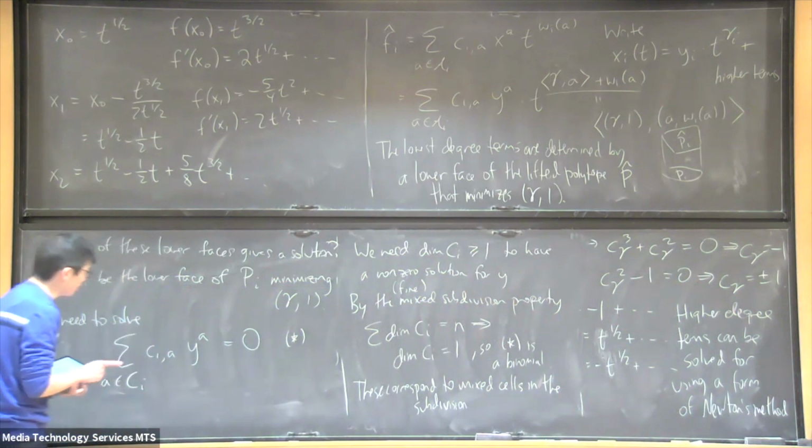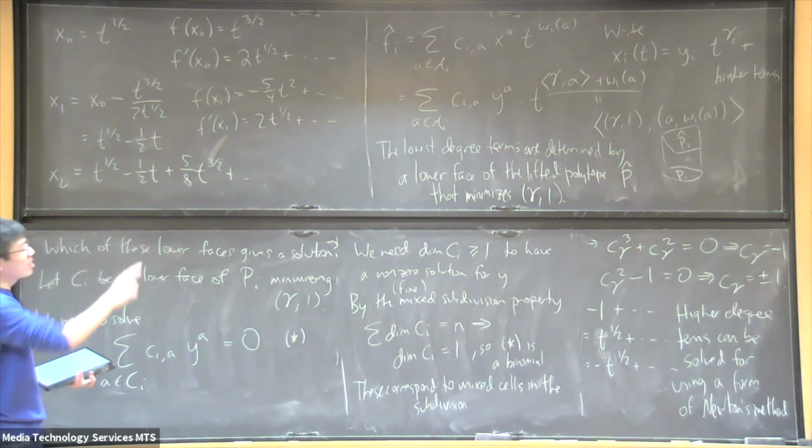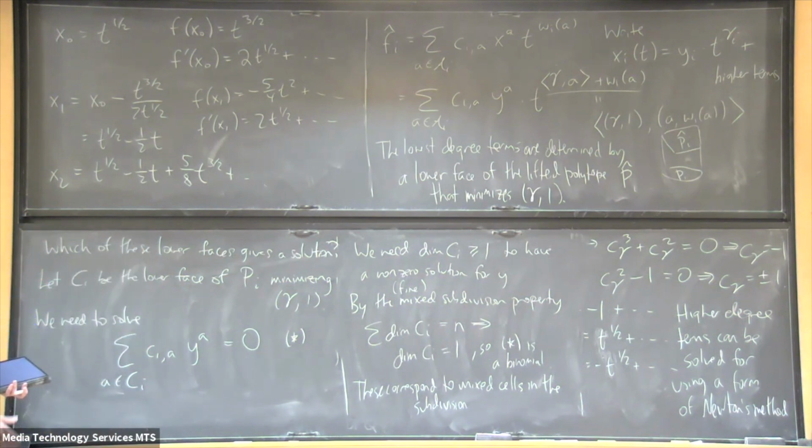And we saw earlier that the number of solutions to the binomial system is just going to be the volume of this mixed cell. So, once we fix the exponents on the leading terms, the number of solutions is going to be the volume of the corresponding mixed cell, if that functional determines a mixed cell. Otherwise, there are not going to be any solutions. And so the total number of solutions is just going to be the total volume of all of the mixed cells.